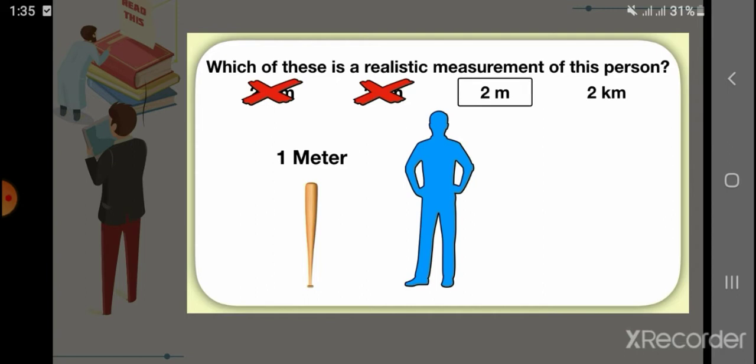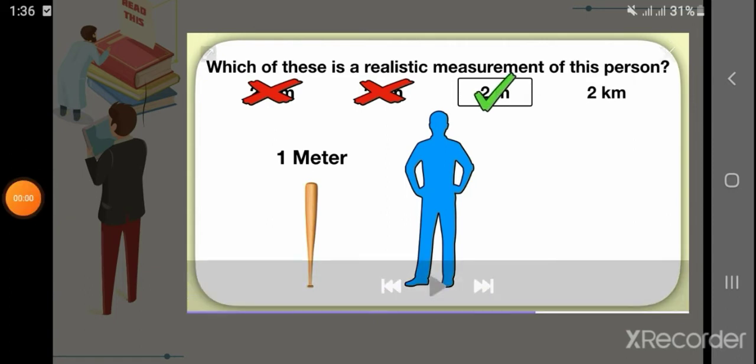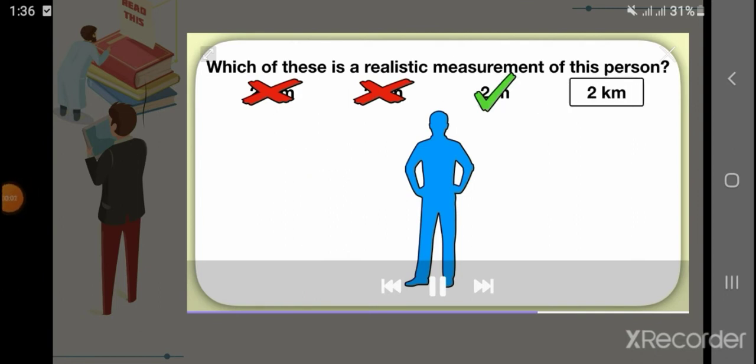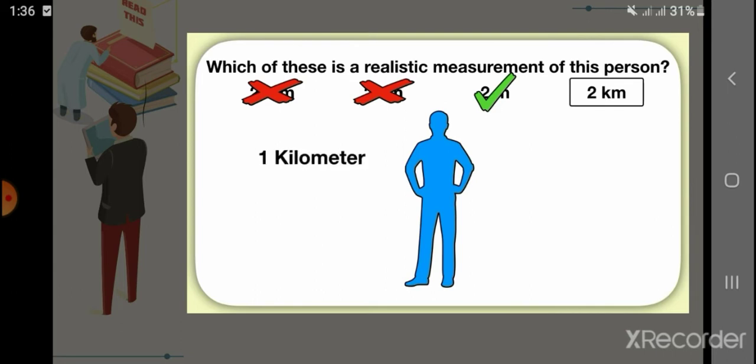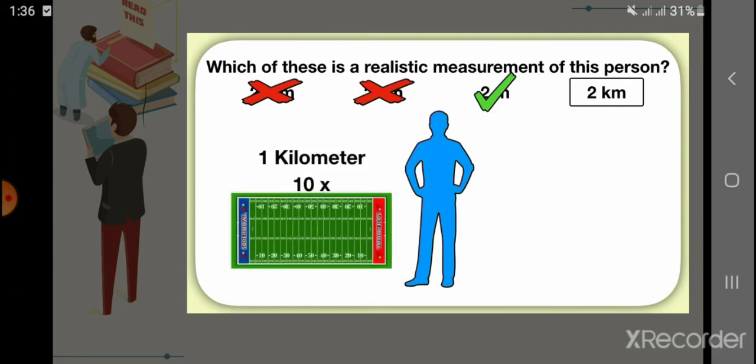Is the person about 2 baseball bats? Yes, 2 baseball bats is a realistic measurement of a person. Now, 2 kilometers doesn't make sense, because we know that 1 km is 10 times a scale which is 100 meters. So the most realistic measurement of a person is 2 meters.